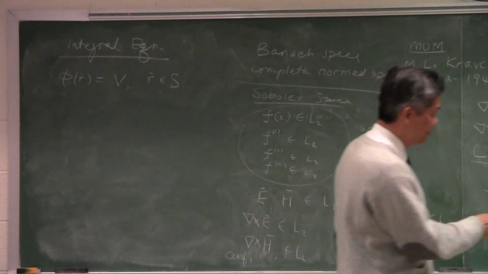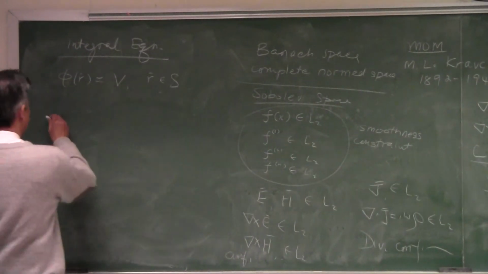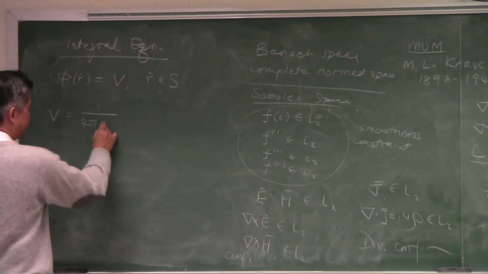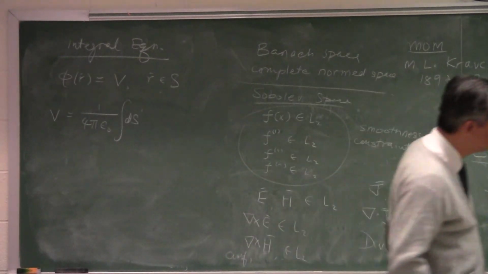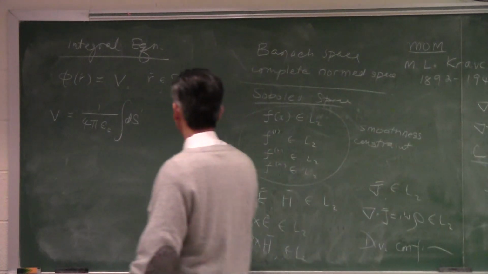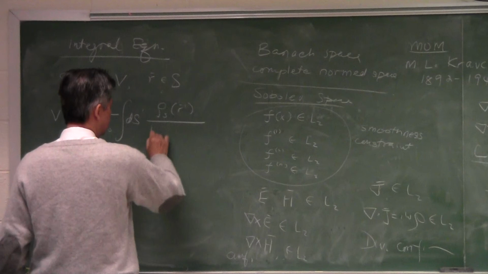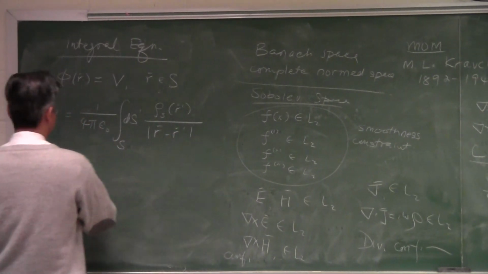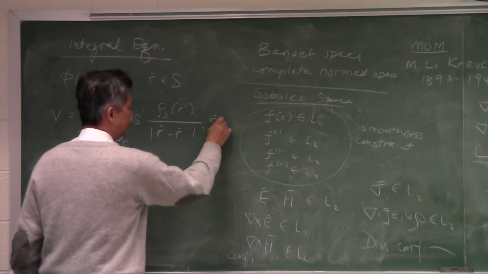Then you form an integral equation right away, saying that V must be equal to 1 over 4 pi epsilon, integrated over S prime, the prime variable, of rho_S of r prime over |r minus r prime|. And this has to be imposed for r belonging to S.